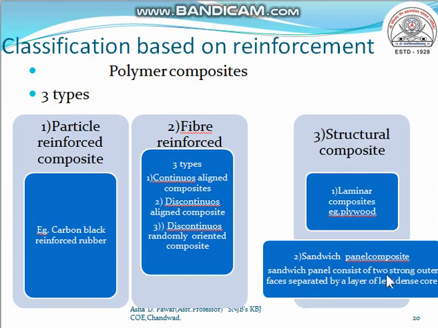A sandwich panel consists of two strong outer faces separated by a layer of less dense core. That is, in the sandwich panel there are strong outer faces made from polymer, and the inner layer, that is the sandwich layer, is less dense.